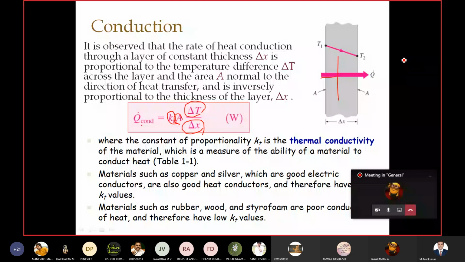Fine. So this is the equation for calculating heat transfer by conduction.